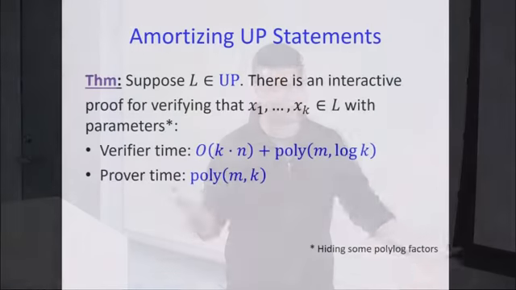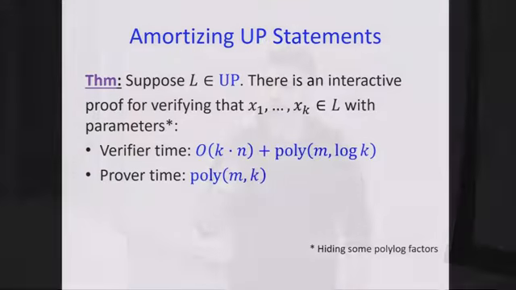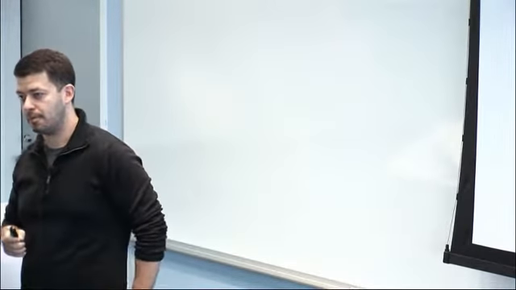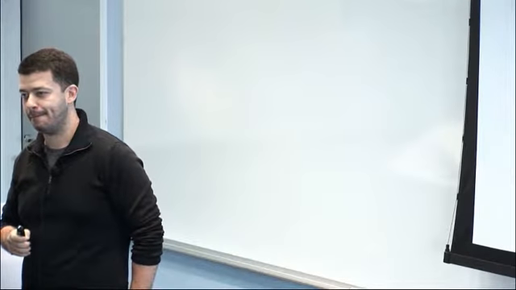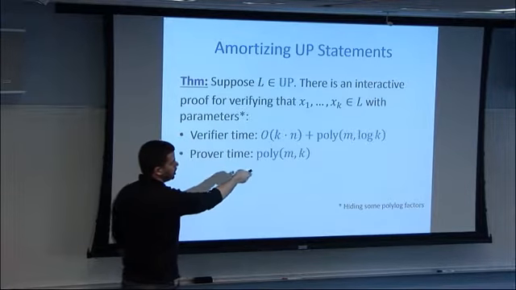The prover time, what can you do? You need to, the prover, was that a question? If you get a witness for the satisfying assignment, how can you be convinced that it's unique? Right, so here you need to think of this as a promise problem, and you'd handle the promise version.